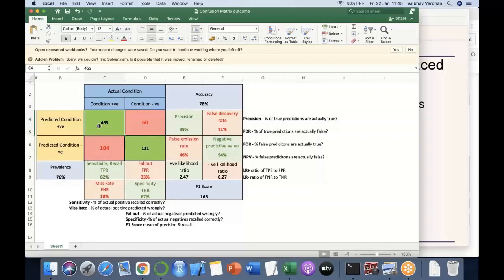The algorithm said that X are fraud, how many are actually fraud? That is precision. Recall, on the other hand, says that out of 1000 transactions which are actually fraud, how many are you able to detect?